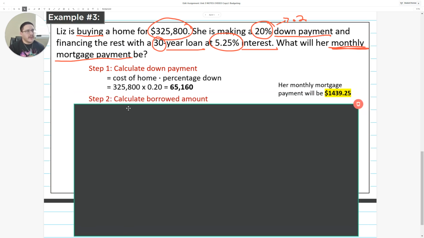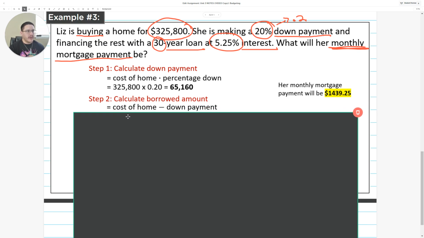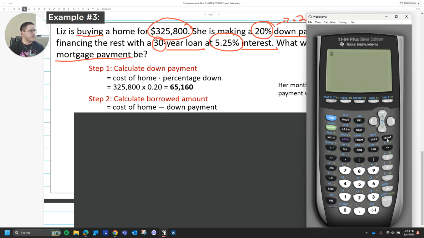So step 2, we're going to calculate the amount that's borrowed. We're going to take the cost of the home and subtract the down payment. The cost of the home was $325,800.